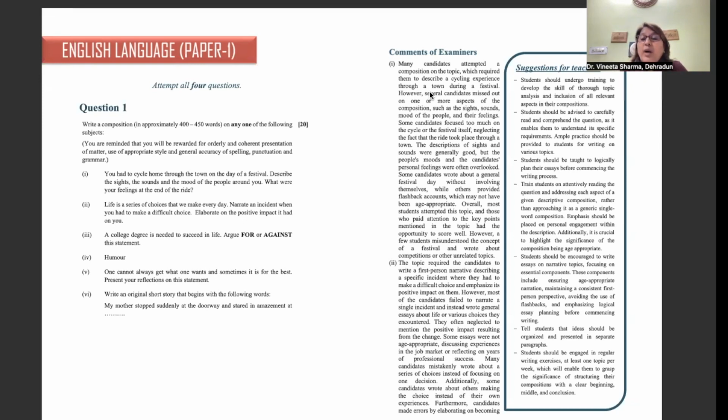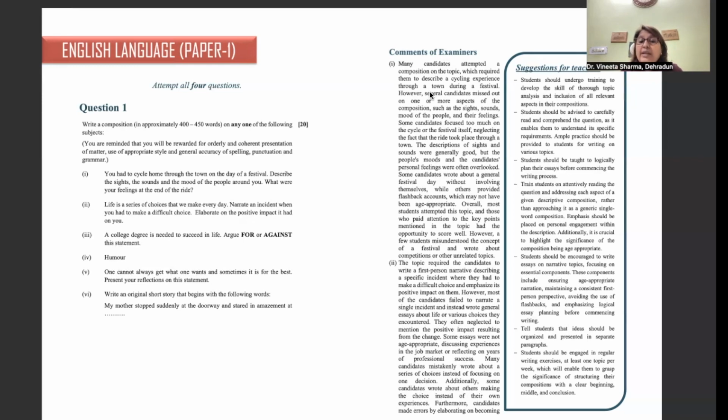The topic required the candidates to write a first person narrative. Narrative compositions always have to be in the first person, because in these compositions, I is the center. Whatever you are narrating, that incident which you are telling, it revolves around you. So you are the center. So it has to be in the first person narration.